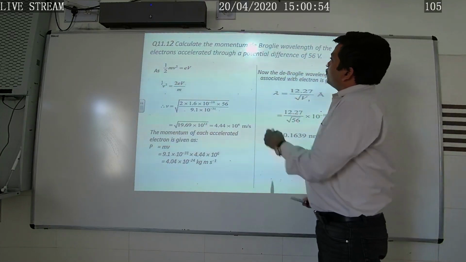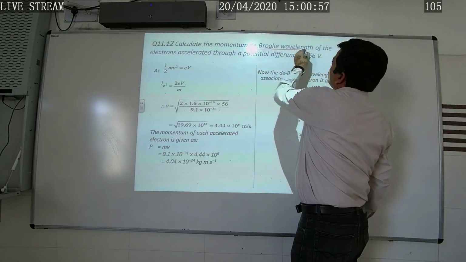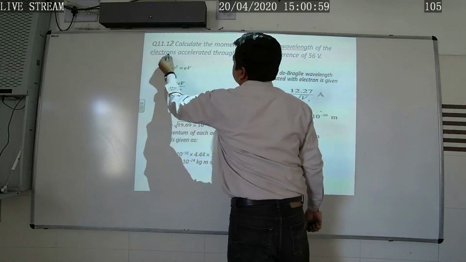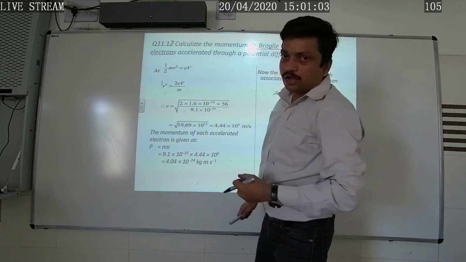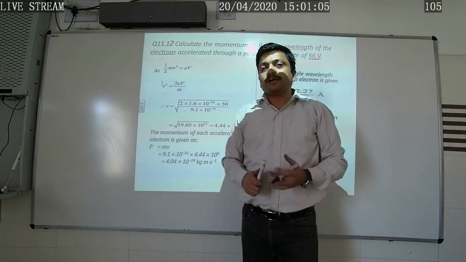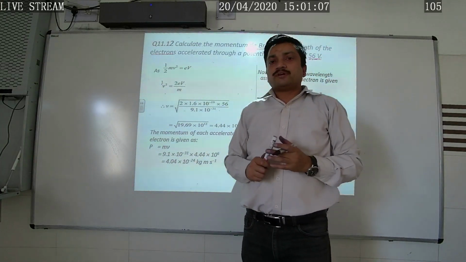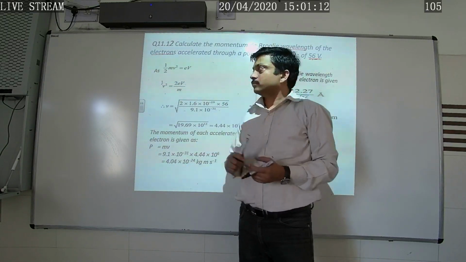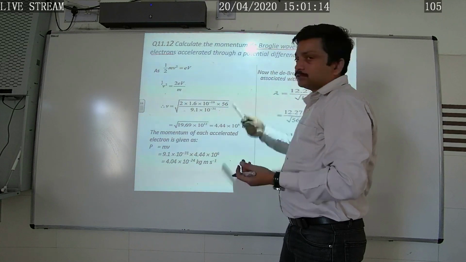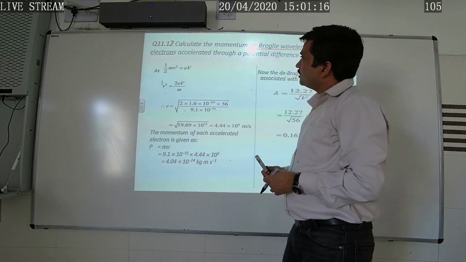Now, in order to find the de Broglie wavelength of electrons accelerated through this potential difference, we already know the formula: wavelength lambda equals 12.27 over square root of V angstrom. Then this part of the question can be solved by applying the formula.